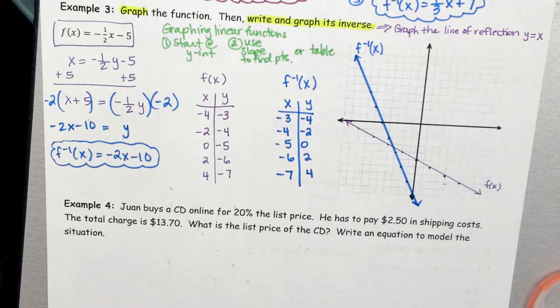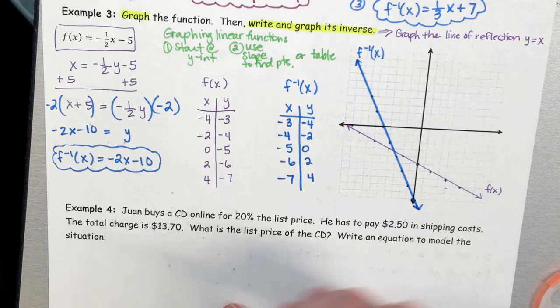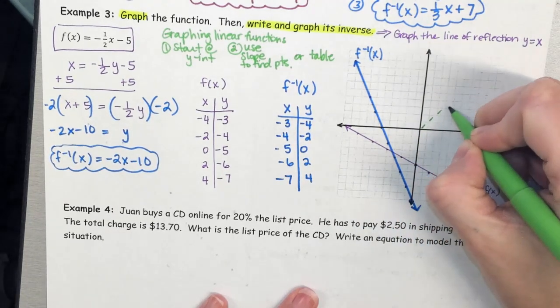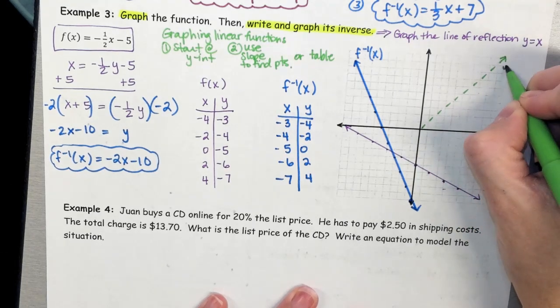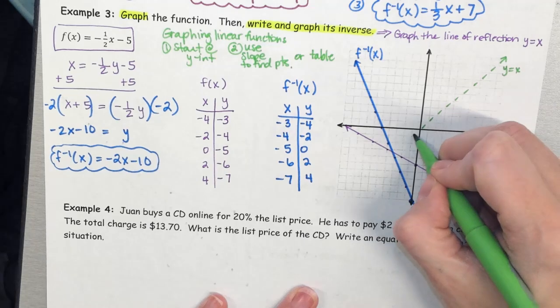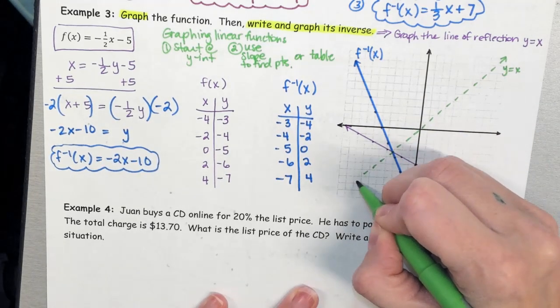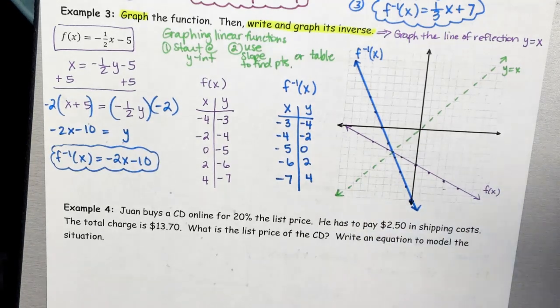So the line of reflection should be on your graphs as well. That's y equals x, which means it starts at 0, 0, goes up 1 over 1. It also just goes through the center of your origin. Okay, this is y equals x. And if you graphed correctly, these two lines should meet right on that line.